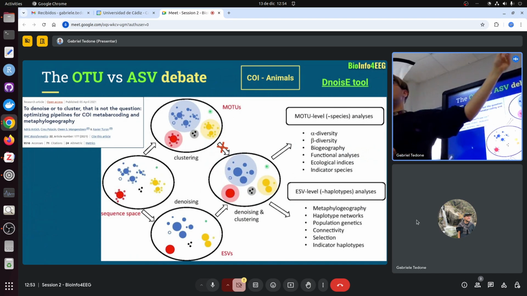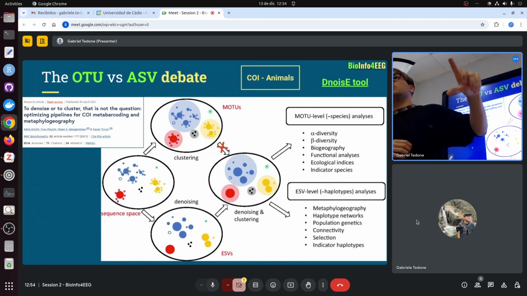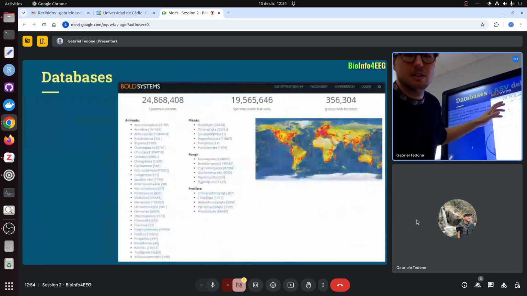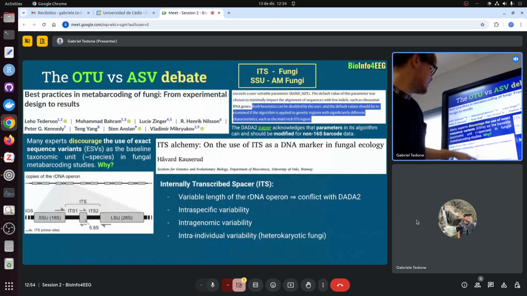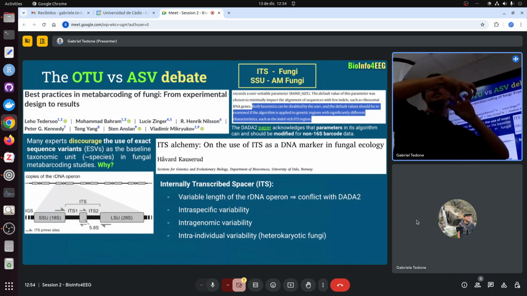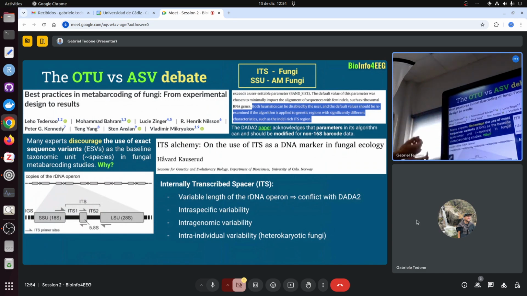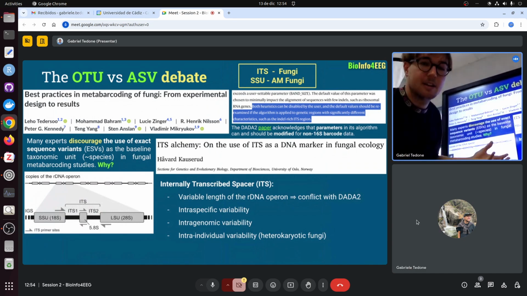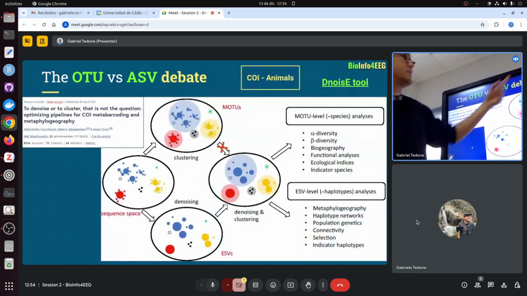COI gene marker is coding. What we saw before, sorry, ITS, it's not coding. It's ribosomal RNA. ITS is not even ribosomal RNA. 18S, 16S are ribosomal RNA. They are structures to which proteins attach and form the ribosome, but they're not coding like COI.